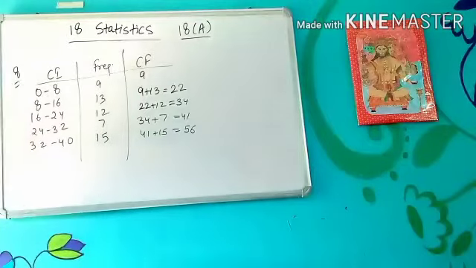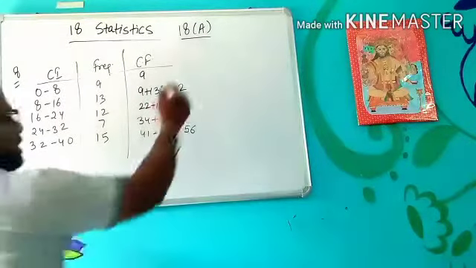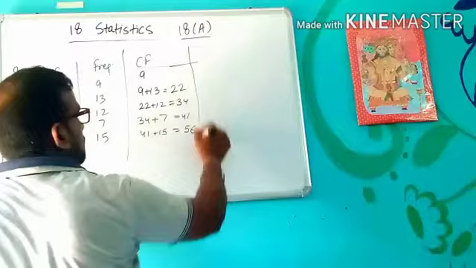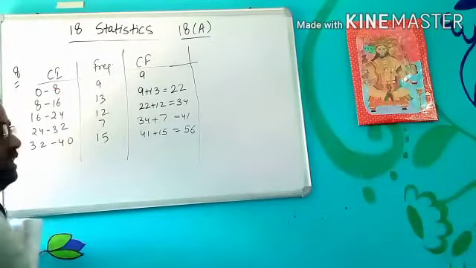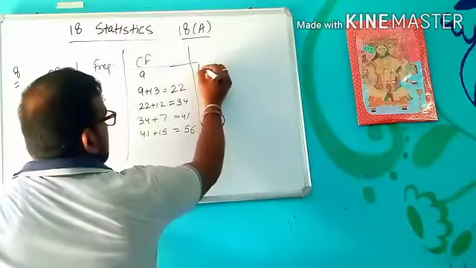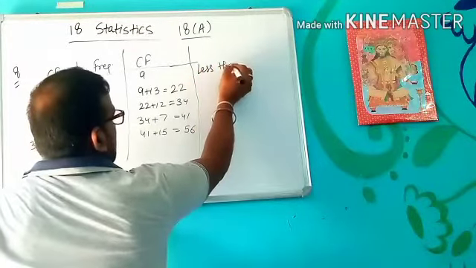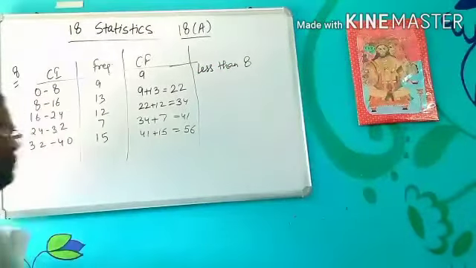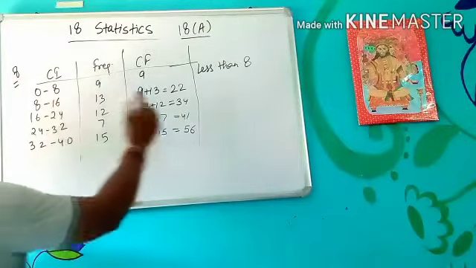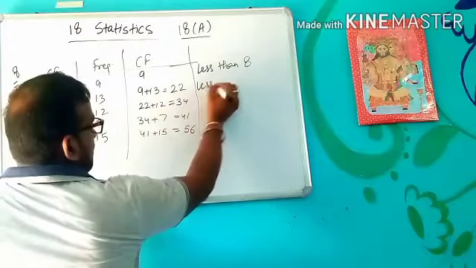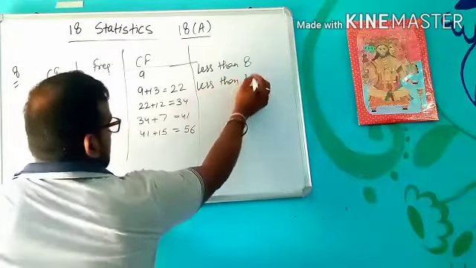grouped data. Or in other words, now how you can write, see these values lie between 0 to 8, so we can write it as less than 8, all the values which are less than 8. Then this 20 is all the values less than 16, is it? Less than 16.